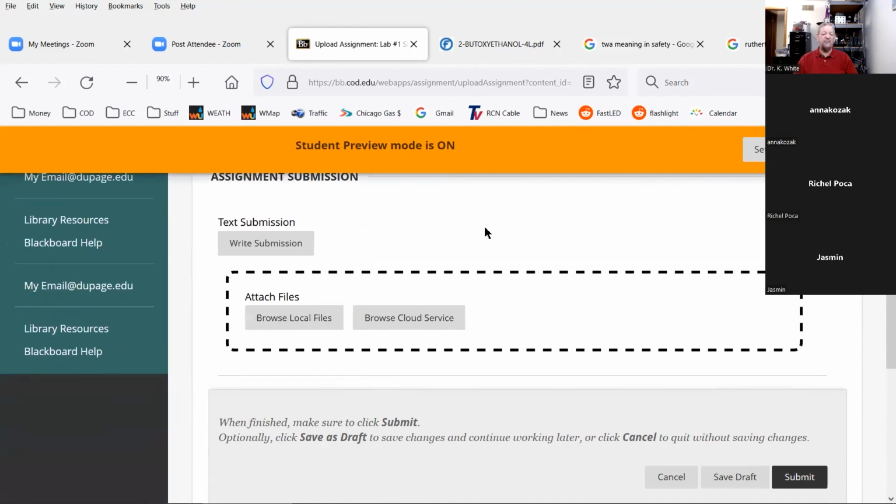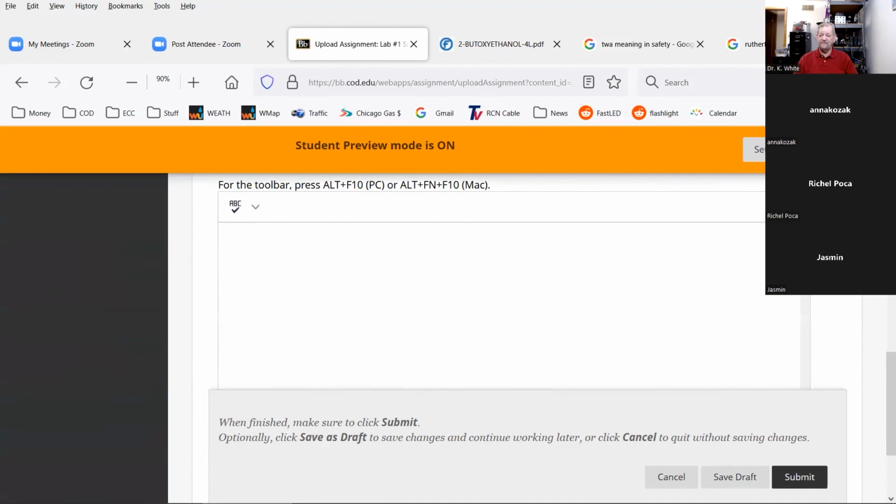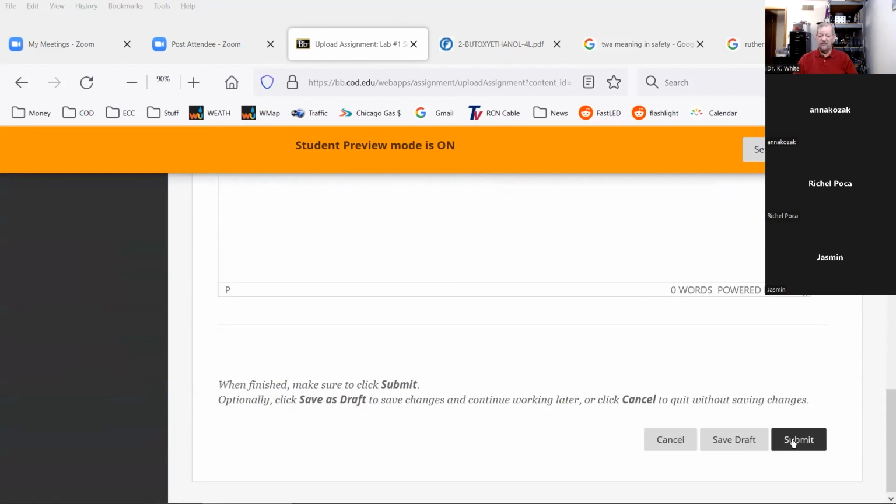And then to submit something as a PDF, click on browse local files, pick the file, open, attach it, and then at the very bottom you'll see submit.